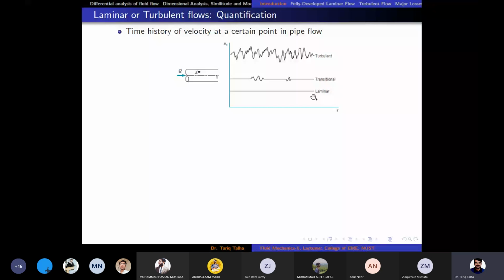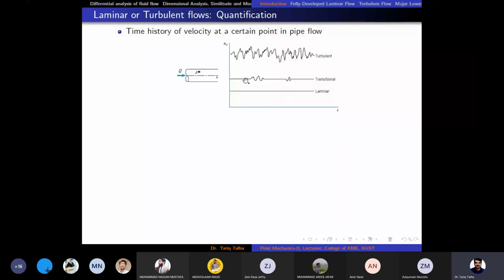For the laminar flow, you can see that the flow velocity remains unchanged at a point, because it is a fully developed laminar flow. If you put a probe at a certain point, it would give you the same value of velocity if the cross section of the pipe is not changing, right? And because we are talking about steady flow as well.